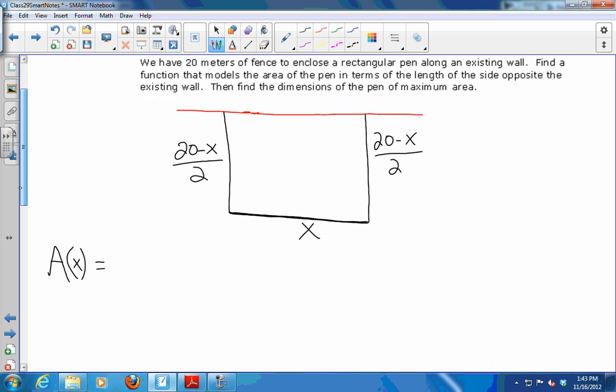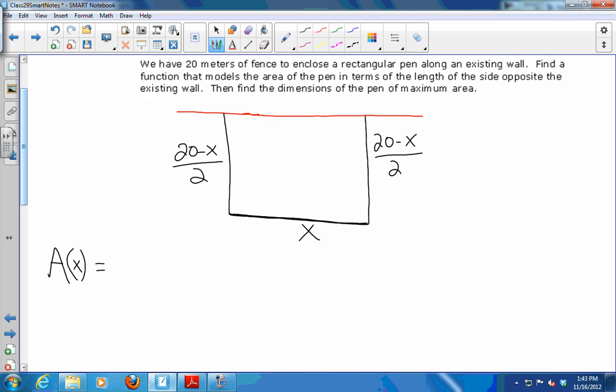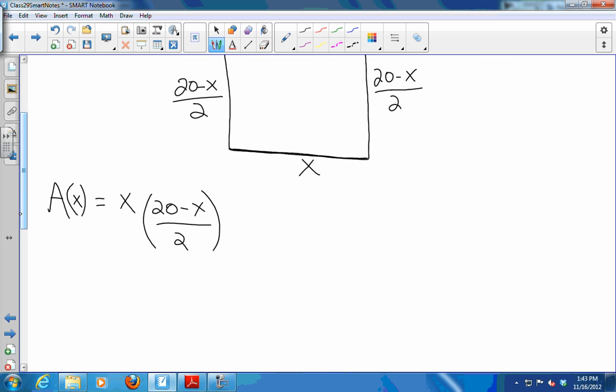Now, based on this picture, what is the area of this pen? x times (20 minus x) over 2. Length times width.